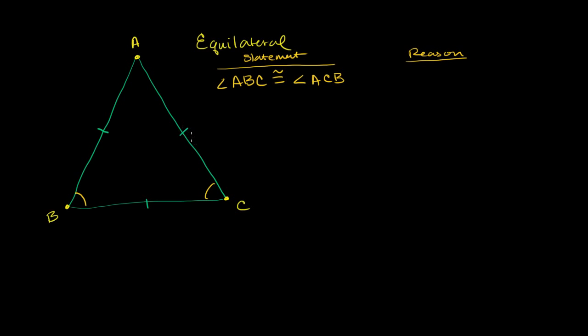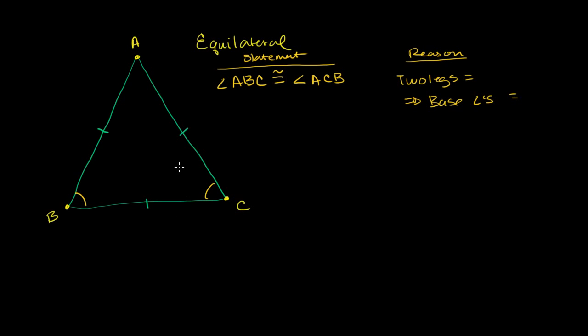Now, obviously, this is an equilateral triangle. All of the sides are equal. But the fact that these two legs are equal shows that the base angles are equal. So we say two legs equal imply base angles are equal. And that just comes from what we did in the last video with isosceles triangles.